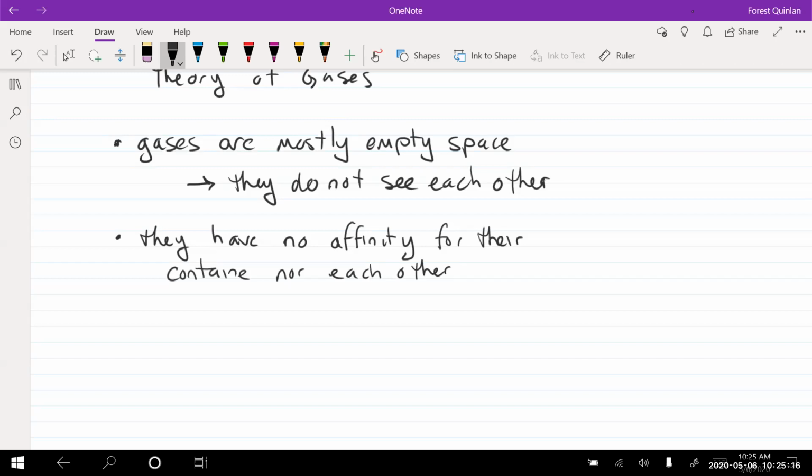And what does that mean? It means that if they ever hit something, they don't stick. If they ever happen to see one another and bounce into each other, they'll just bounce off. They won't stick to it. So they have no affinity for their container nor each other.